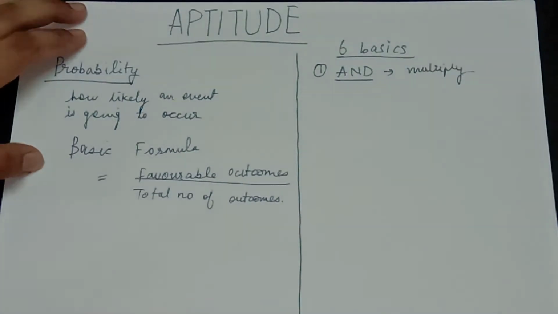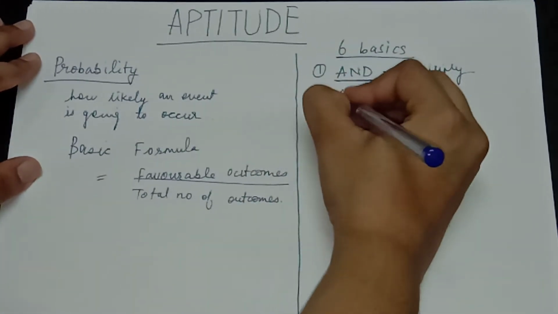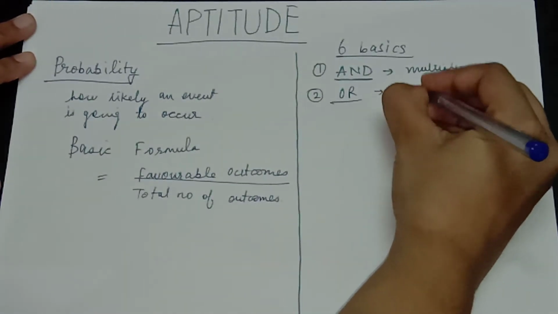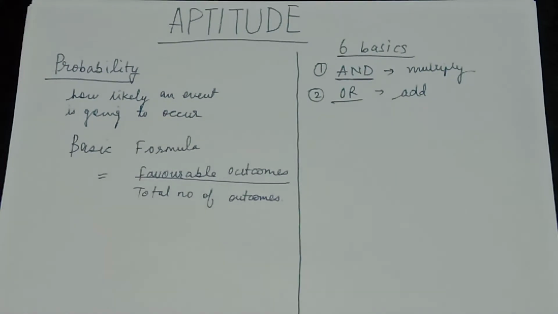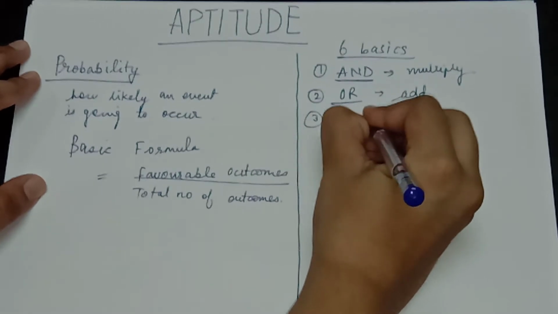Whatever the calculations will be, you have to multiply the probability of white and the probability of black ball. Now second comes "or". Wherever the word "or" is used, like a blue ball or a red ball is picked up from a bag, you have to add the probability of blue and red ball.